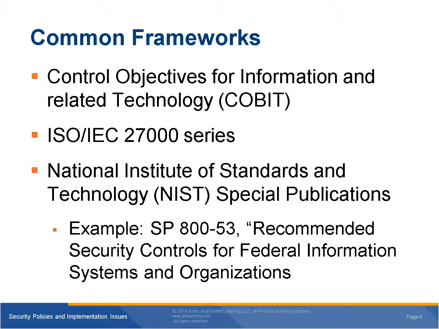And then the National Institute of Standards and Technology, the NIST, special publications. An example is SP 800-53, Recommended Security Controls for Federal Information Systems and Organizations. This is geared to U.S. government agencies and their subcontractors.